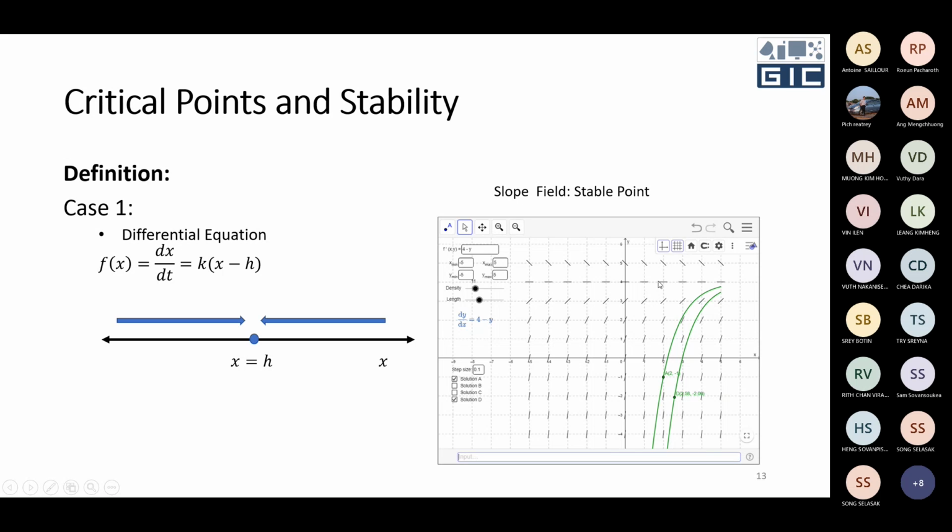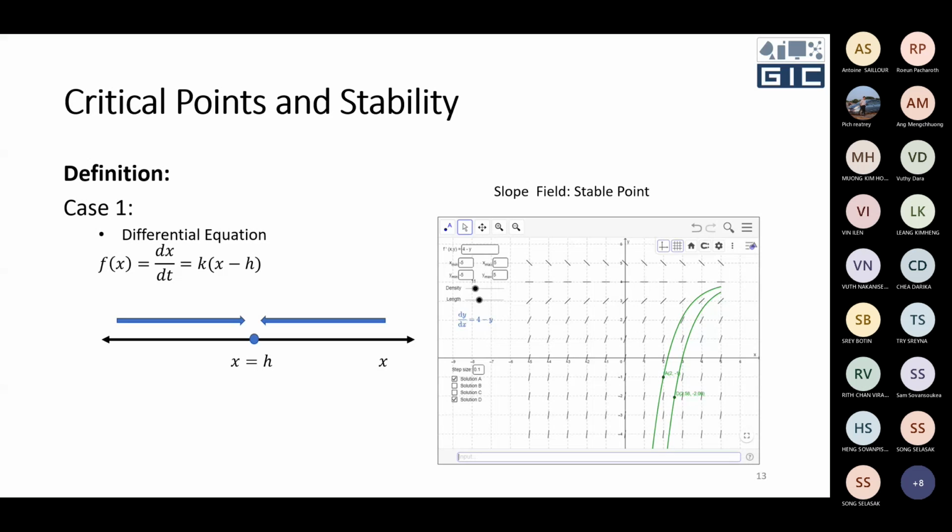So this line is the value of x equal to 8. For example, I put the variable here as y, so y equal to 8. When y equal to 4, we would like to see whether our system is stable or not. When y equal to 4, it produces the phase diagram like this figure, so it means that it is a stable point.